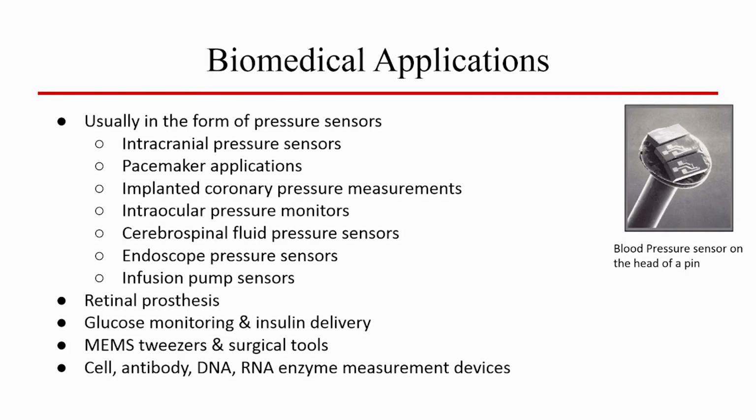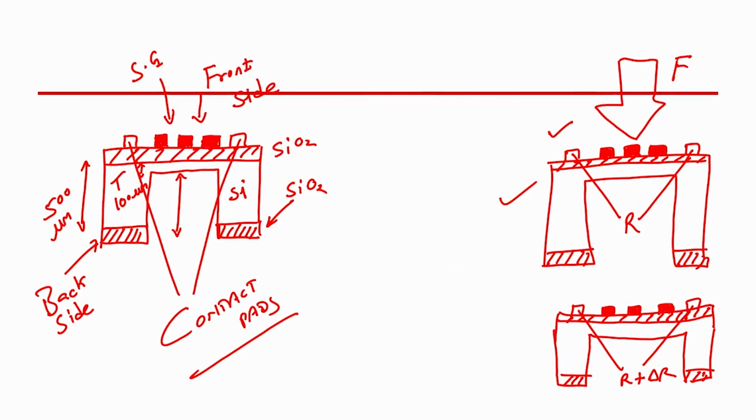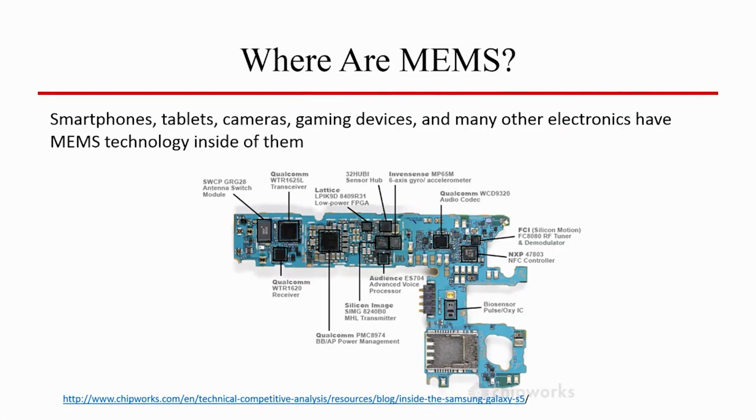Alright. So, if we recall what we have seen in this particular module, we have seen different kind of inertial sensors, then we have seen the micro machining technique for strain gauge and how to fabricate a strain gauge, what is the process flow, the sensor types, capacitive, piezoelectric and thermal, and finally where are the MEMS used, by taking an example of Samsung Galaxy S5. Alright.